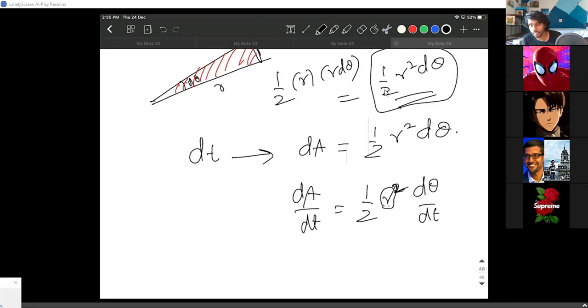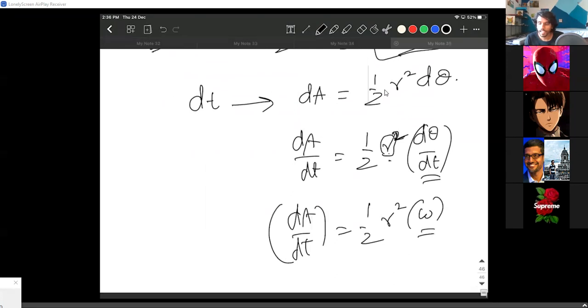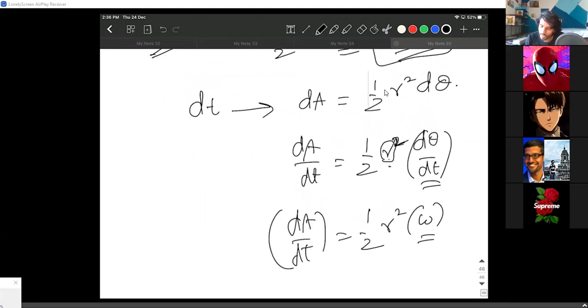So dA by dt, the areal velocity, equals half r squared times d theta by dt, which is nothing but omega. And if I bring m into this, multiplying both sides by m, m dA by dt equals half m r squared omega. What does it look like?